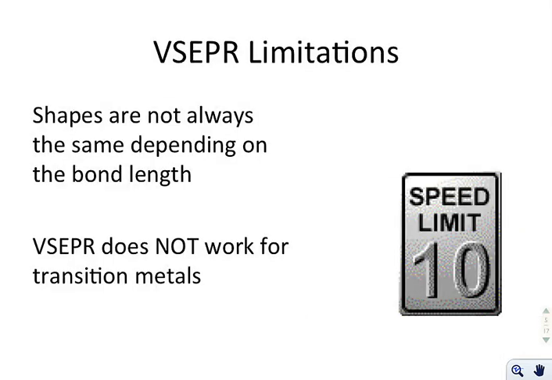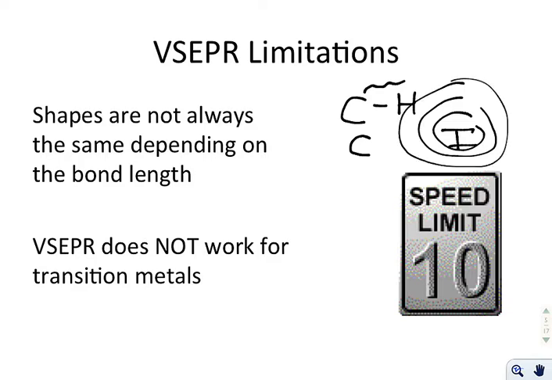There are some limitations to the VSEPR theory, and the first is that the shapes are not always the same depending on the bond length. So, for example, a C-H bond has a certain bond length. But if you were to bond carbon with something like iodine, because iodine is so much larger and has a different electronegativity, it doesn't necessarily produce the same bond length, and it can limit the shape.